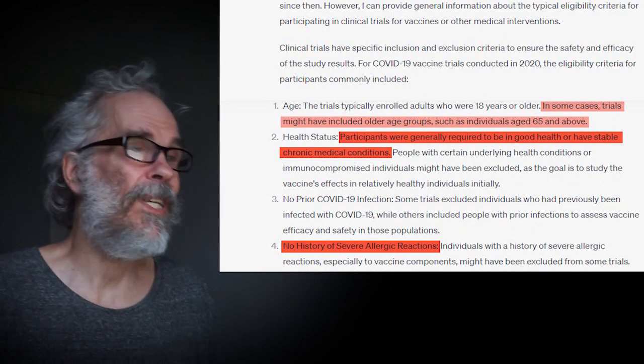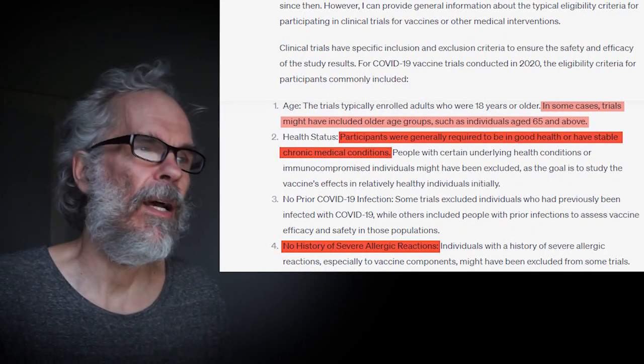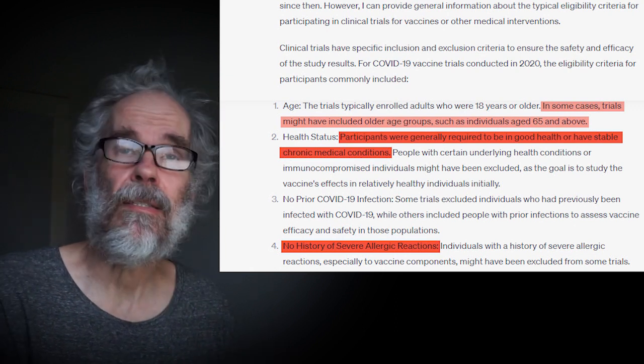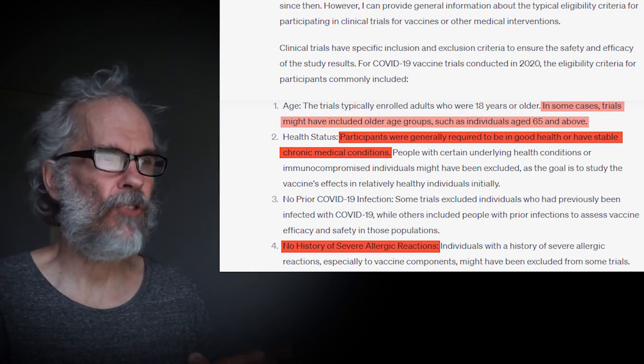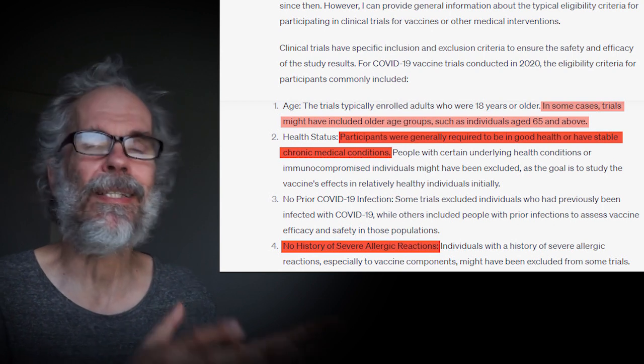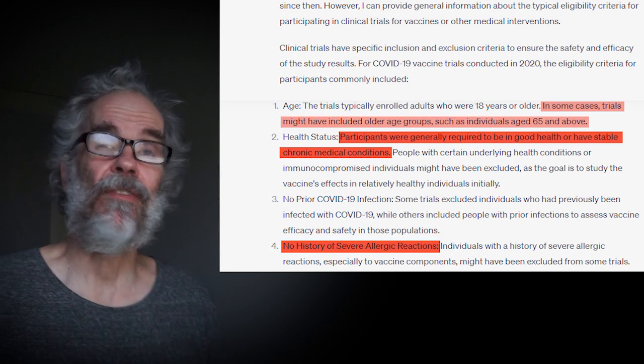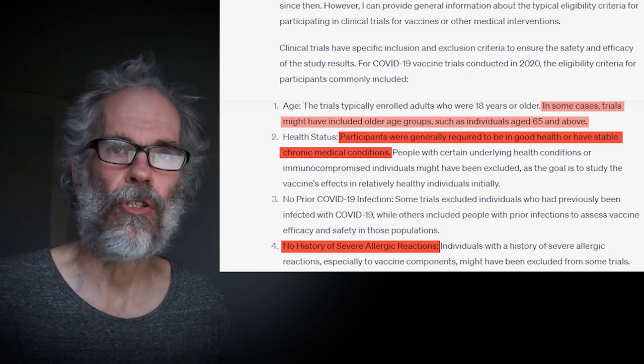4. No history of severe allergic reactions. Now, just recently, Chat GPT said as an example of serious adverse reactions, severe allergic reactions.